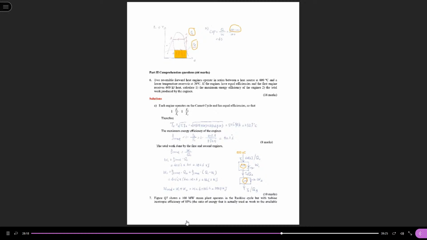Here is 20 degrees Celsius. So then we can see, for the first heat engine, this is the high temperature thermal reservoir. Then its low temperature is here. So here is the low temperature thermal reservoir for the first heat engine, but it's the high temperature thermal reservoir for the second heat engine.